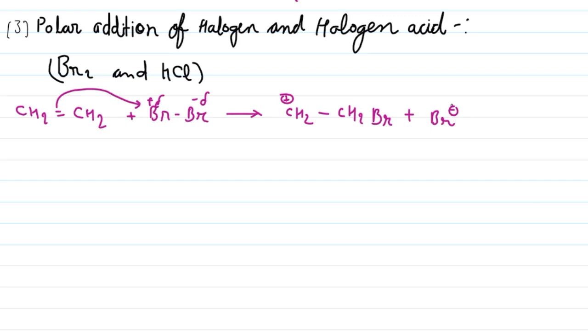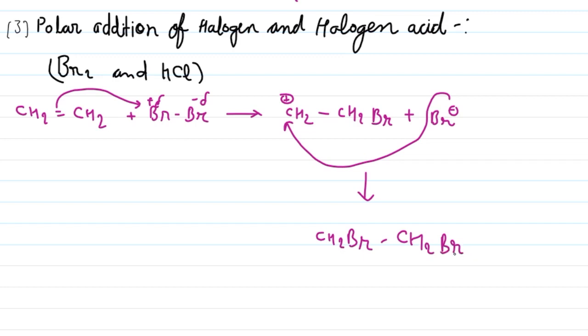Secondly, Br minus attacks this carbon atom and it forms the final product CH2Br single bond CH2Br, dibromoethane.